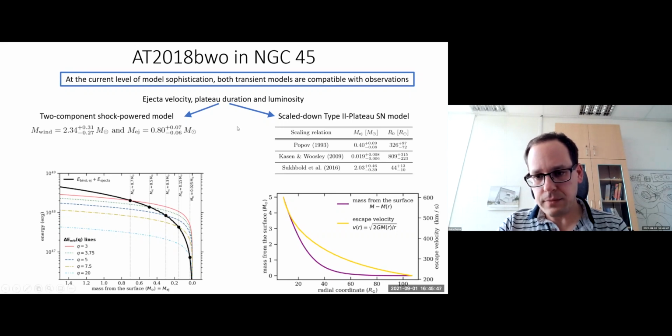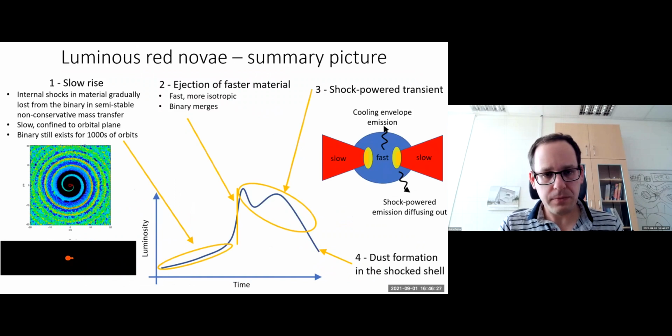The ejecta mass and the ejection radius are quite strongly degenerate, and the details matter. So that's why we got such a wide dispersion of numbers. But for the most realistic ones, like the Sukhbold and Popov relations, we get ejecta masses of a few tenths, maybe up to 1 or 2 solar masses, and an ejection radius which lies approximately inside the primary star. So both of these possibilities can explain the observations given the limits of the models.